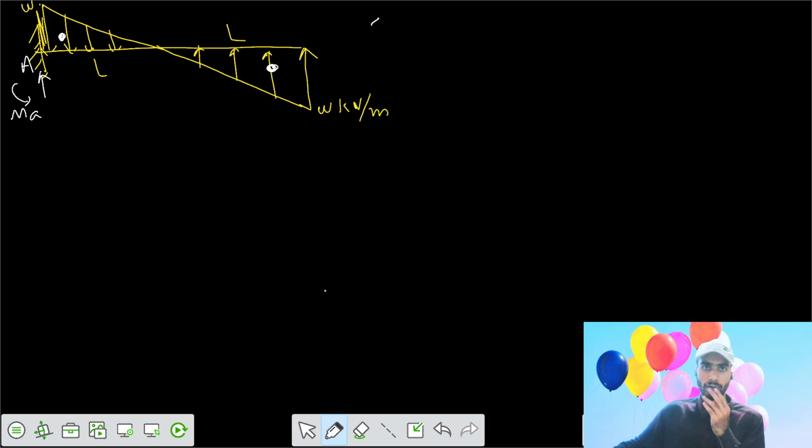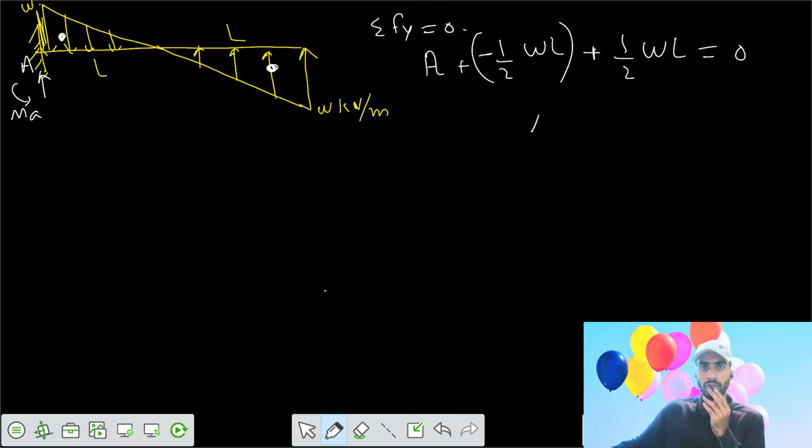We can say that summation Fy equals 0. For that, we write reaction A upwards plus the area of the triangle downwards, half of WL, plus the area of the triangle acting upwards, that is half of WL, equals 0. That means your reaction A equals 0.